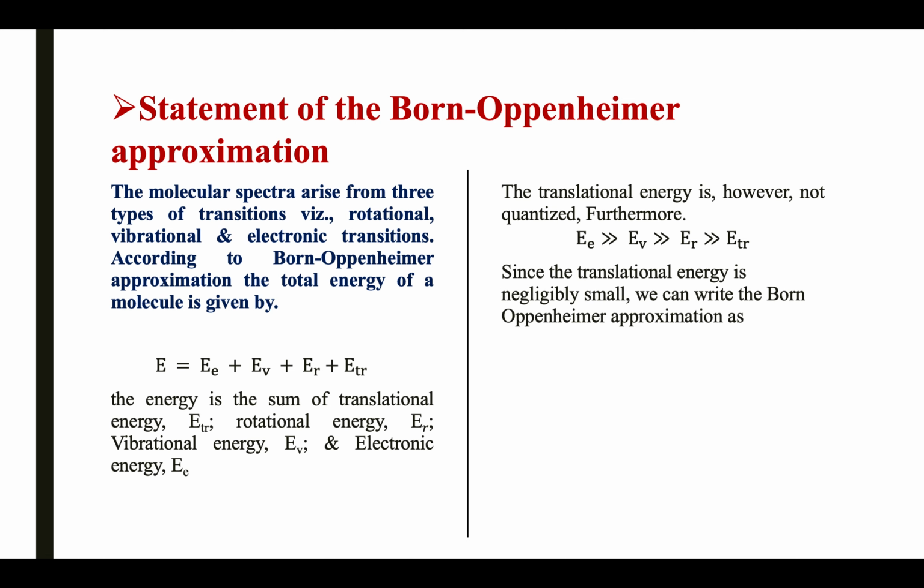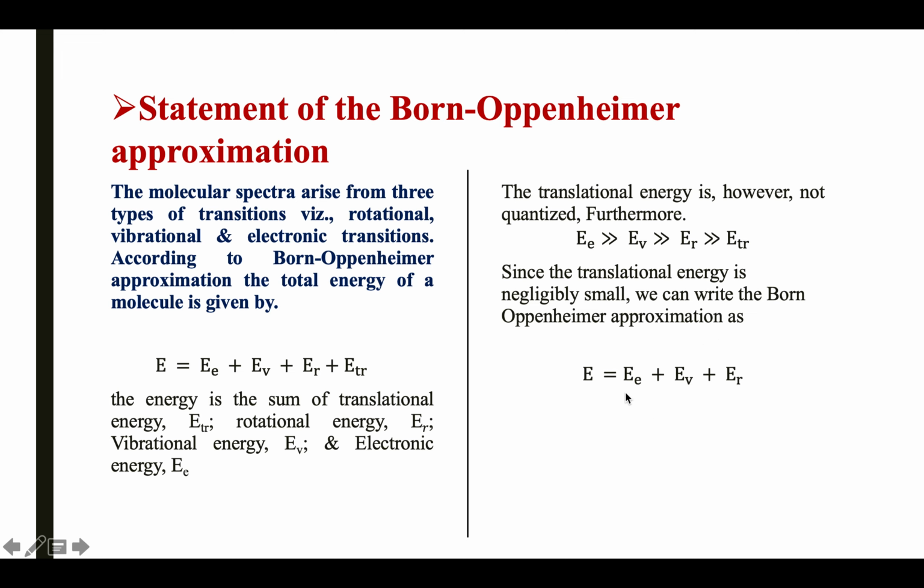The electronic energy will always be higher than the vibrational energy, and the vibrational energy is always greater than the rotational energy. That is how the sequence will always be for particular molecules. Since the translational energy is negligibly small, we can write the Born-Oppenheimer approximation as given here.